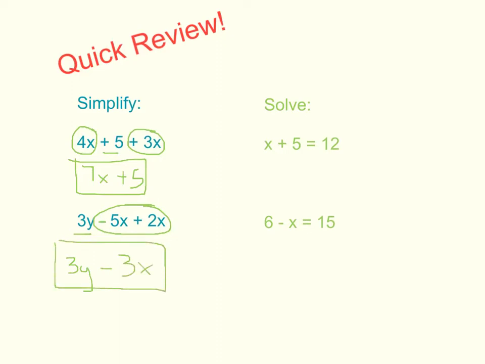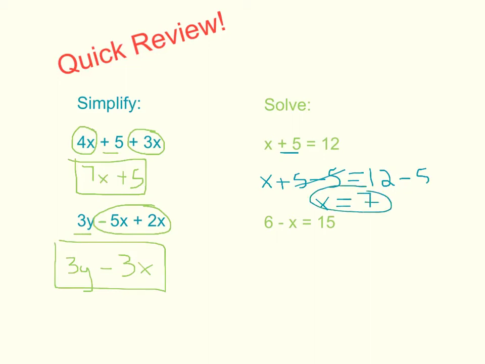So that was simplifying expressions, and then the other two examples involve solving equations, just one-step equations. We always have to do the opposite to get x by itself. So plus 5 means we need to subtract 5 on both sides. So x equals 7.